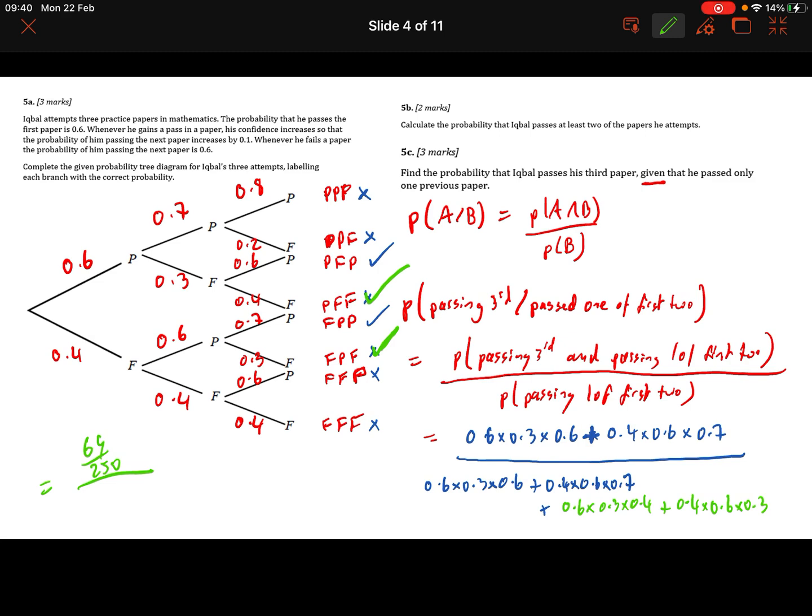The denominator will be that same value plus 0.6 times 0.3 times 0.4 plus 0.4 times 0.6 times 0.3, which is 21 over 50.